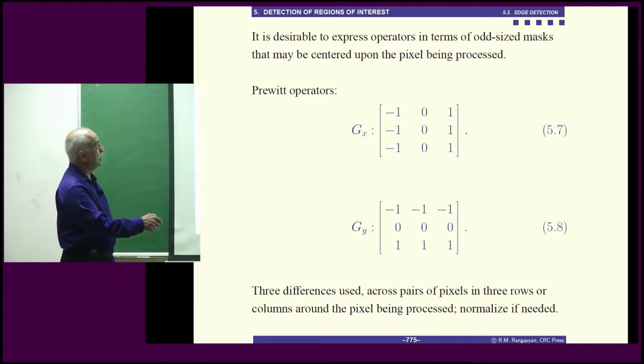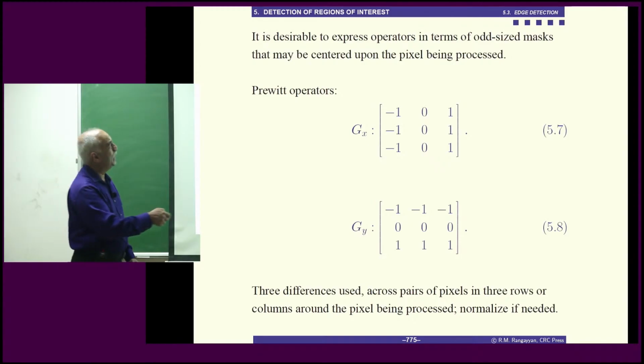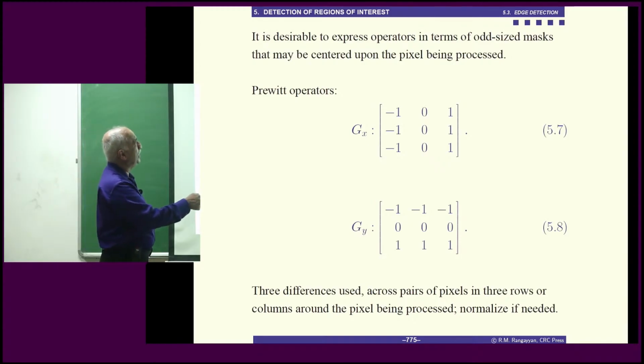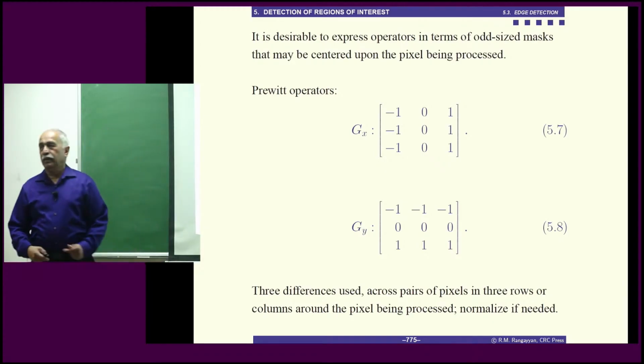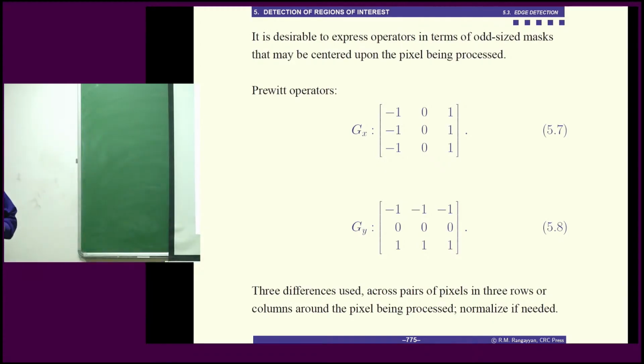You're comparing this, that. And now instead of taking the horizontal derivative as this only, but further averaging, you say, well, these are neighbors, so I'll do the same operation there, top and bottom, and put them all together. If you want, you can put 1 over 3, because there are 3 of those.